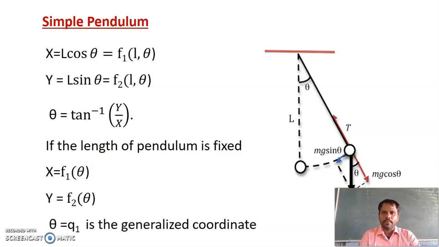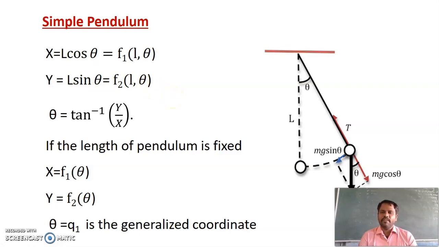Here x is equal to L cos theta, which is a function of L and theta, and y is equal to L sin theta, which is also a function of L and theta.